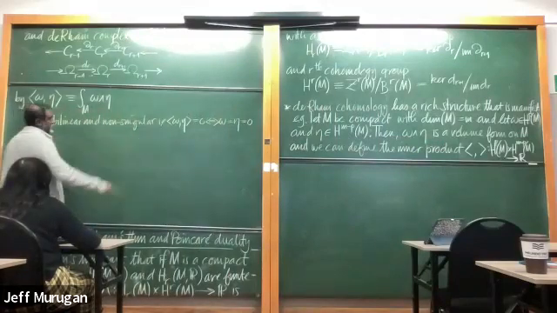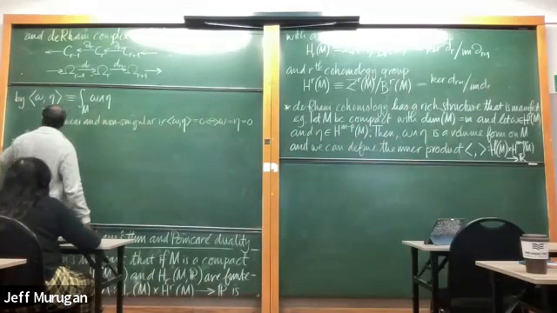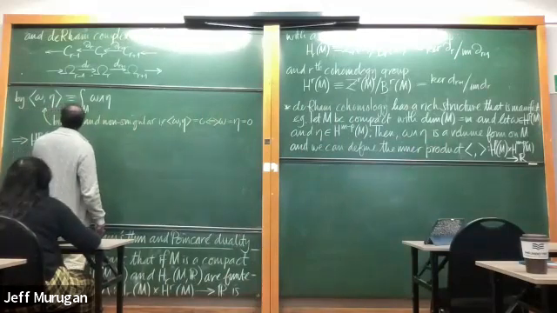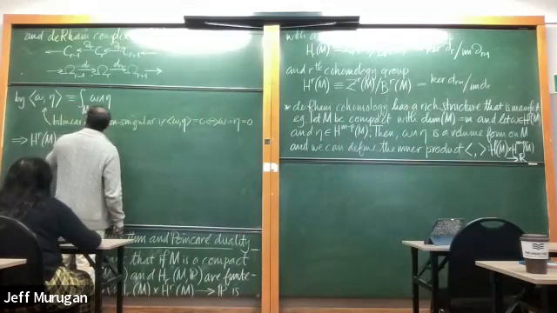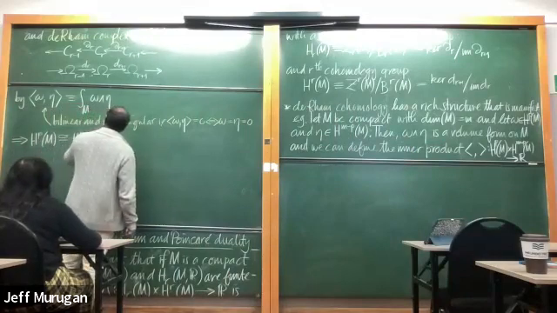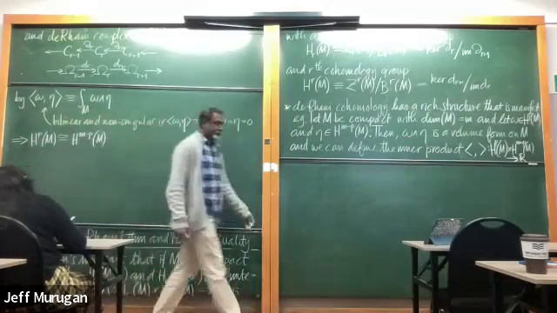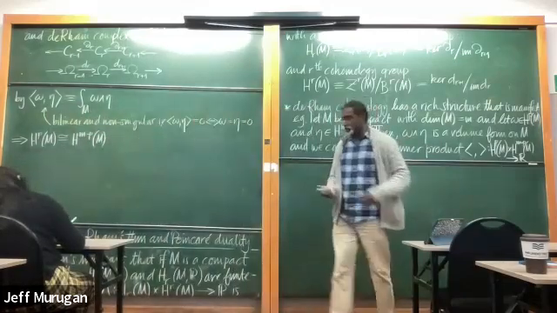In the same way that we discussed the duality before, this says that H^p(M) is dual to H^(m-p)(M). This is called Poincaré duality.